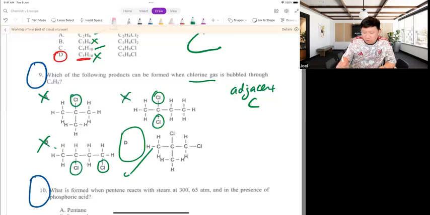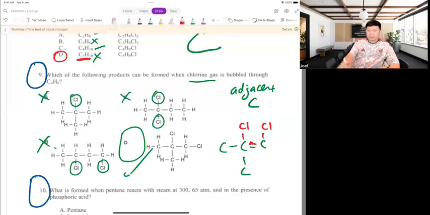Why is it D? Because if I redraw, remember, break the double bond. It is the same. You understand? Up, down, left, right is the same. My concern is that the chlorine or the newly added atoms have to be attached to side by side carbons.